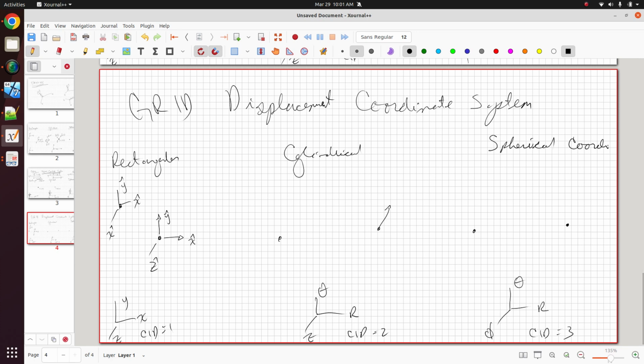So here r hat, which is x hat, and then theta hat, which is y hat, and then z hat would be in this direction. So this would be a z hat, and then z hat. And then same for this point. We draw r hat, theta hat, and then we draw a z hat.